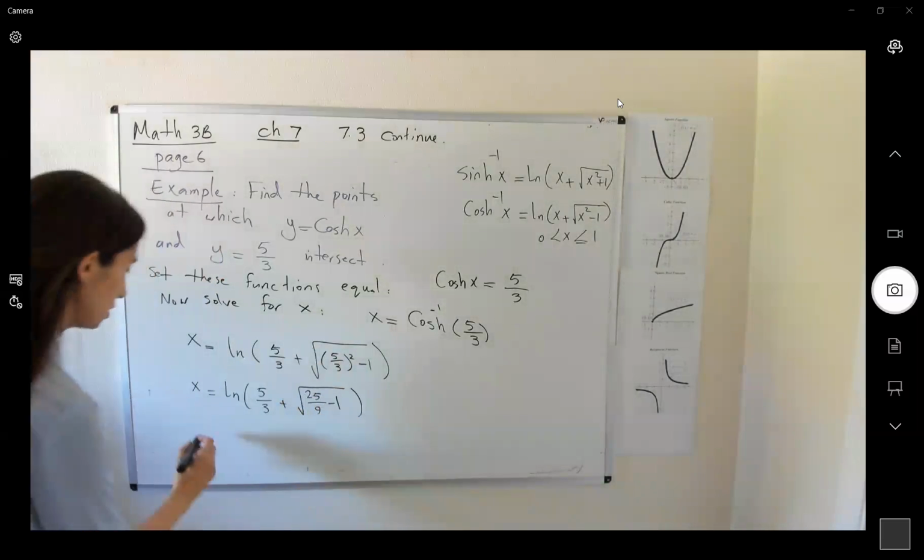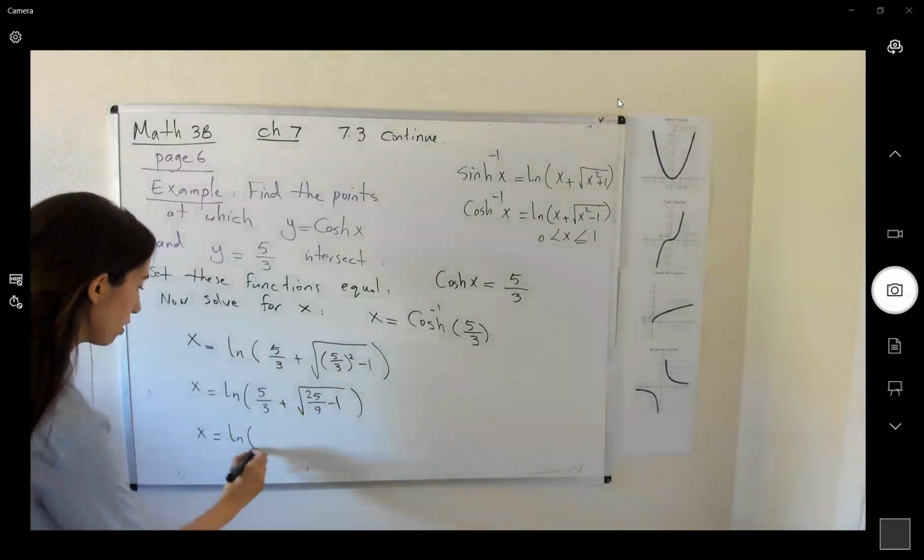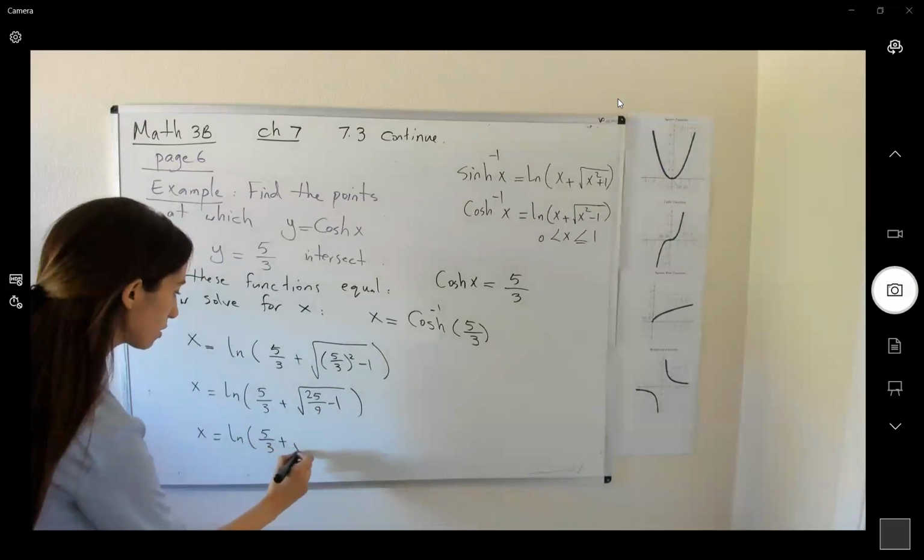So x is equal to ln of 5/3 plus square root of 25/9 minus 1.